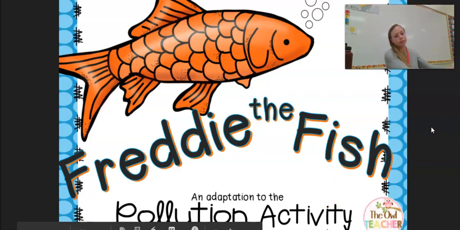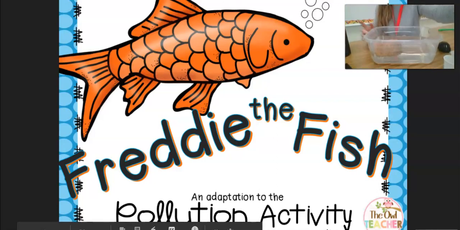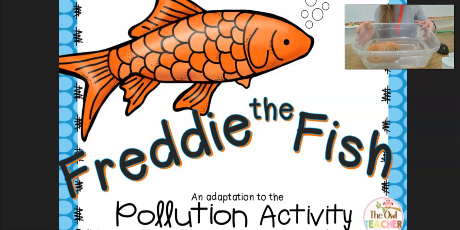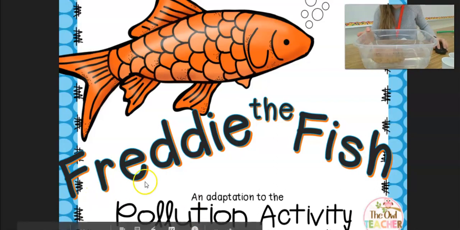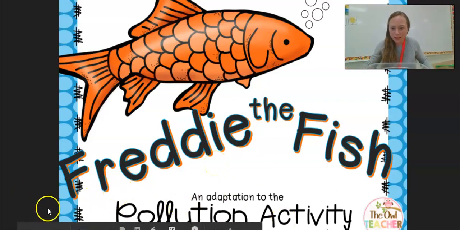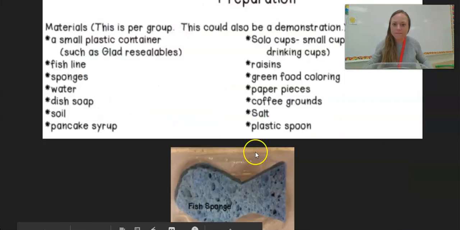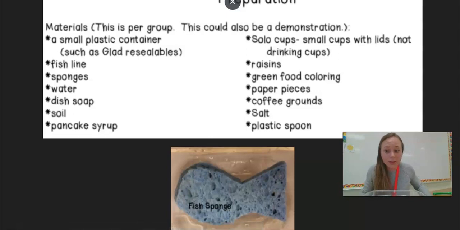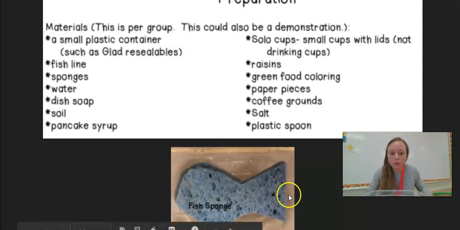All right, I want you guys to meet Freddy the Fish. So this is my friend Freddy. There you can see Freddy the Fish. Here is a list of the things that you will need if you plan to do this activity along with me.